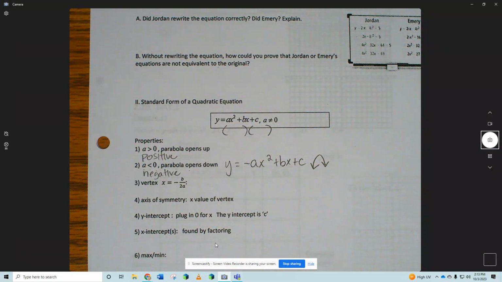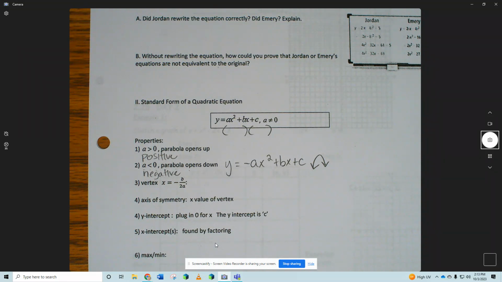Vertex. We did this last year. When you have standard form, we have to do a little bit of work to find the vertex. I have to do negative b over 2a. And negative b over 2a is something that I'm hoping is in your brain somewhere, dust it off, right?